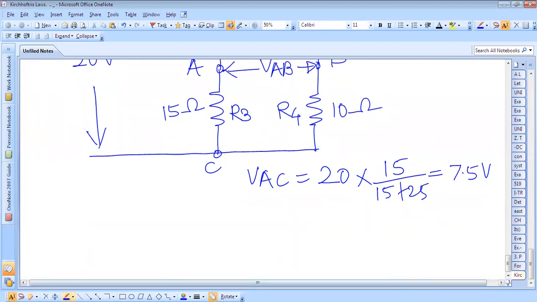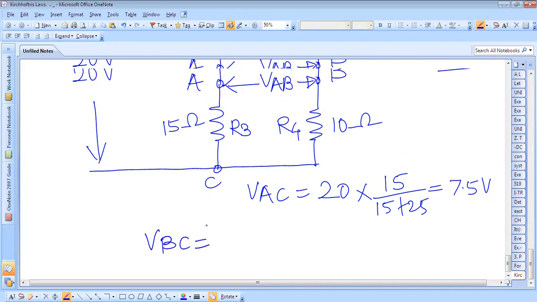Again, we have to find VBC. VBC is the voltage across this point, and we should know the total voltage of the circuit V, as we have to find this.